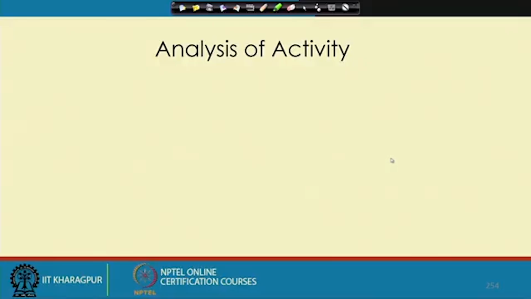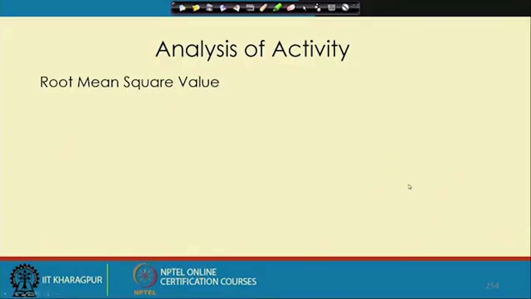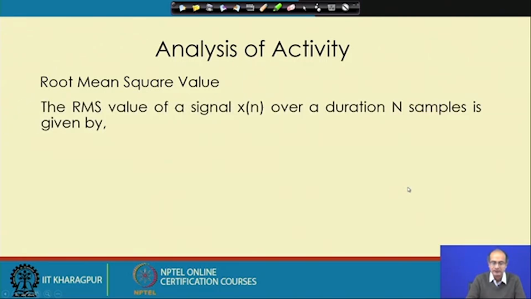So, now in this session we will go for analysis of activity, and as a part of it first we will look for the root mean square value. The root mean square value can give us a notion of the energy of that signal.